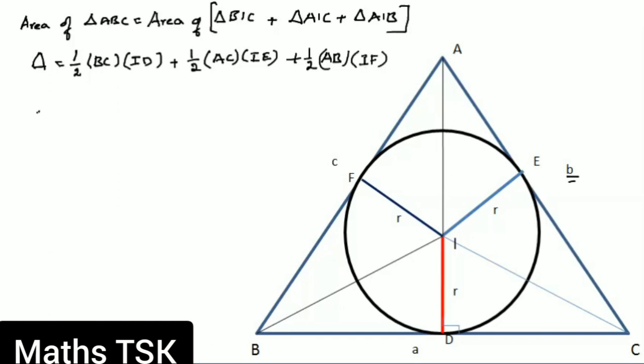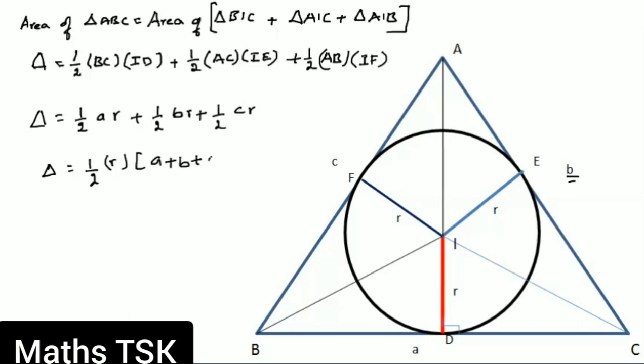So the area of the triangle, delta, is half into BC, that is a, into ID, which is r, plus half into b into r, plus half into c into r. Taking r common, we remain with a plus b plus c. So r by 2 into 2s, since a plus b plus c is 2s, the 2 gets cancelled. Therefore delta is equal to rs. That is the proof of the first one.